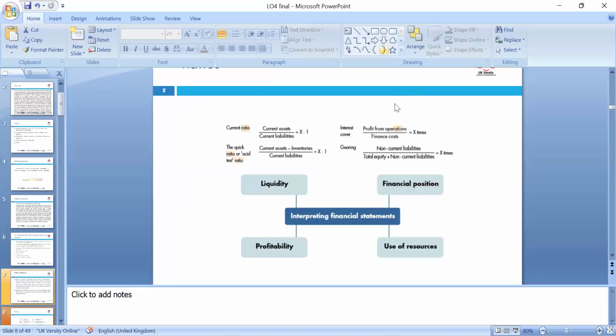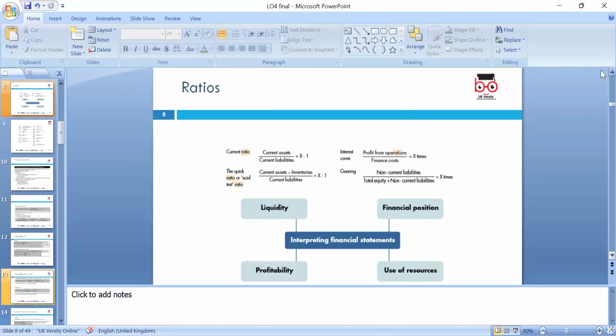Okay, let's look at the ratios. We can categorize financial ratios into four major categories, which we prepare in accounts. These four types of financial ratios that we calculate and interpret are quite crucial in the financial world. We have the liquidity ratio. Liquid means anyone who has any interest in the business.